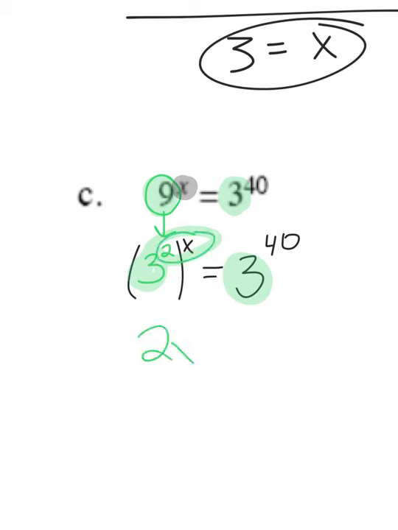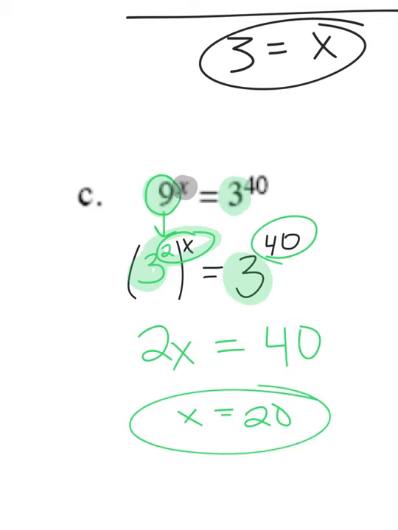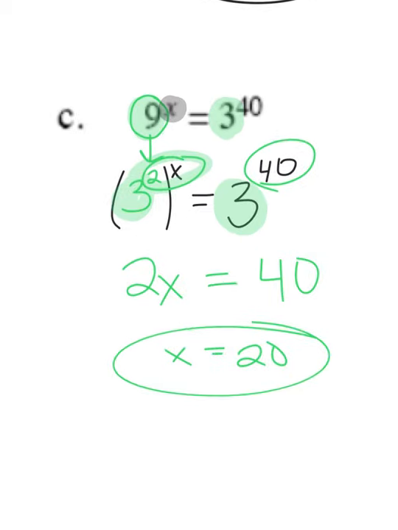So that makes 2x equals 40, looking inside those exponents. If we divide by 2, we would get x equals 20. You could always check your answer by plugging it back in. Does 9 to the 20th equal 3 to the 40th? You can do that on a calculator. And yes, it works.